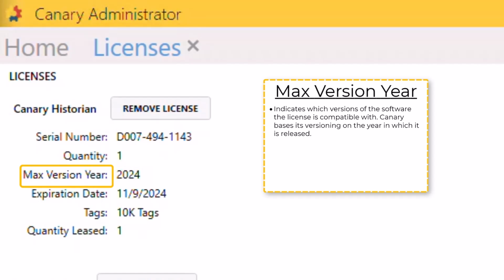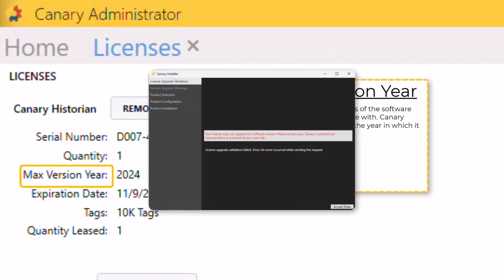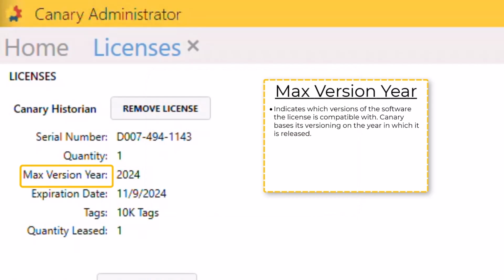If a user attempts to upgrade the software beyond what the license supports, a warning is displayed during the installation process which prompts them to acknowledge and continue at their own risk. Doing so will render the software virtually useless as data will buffer in the store and forward service and users will be prevented from connecting.